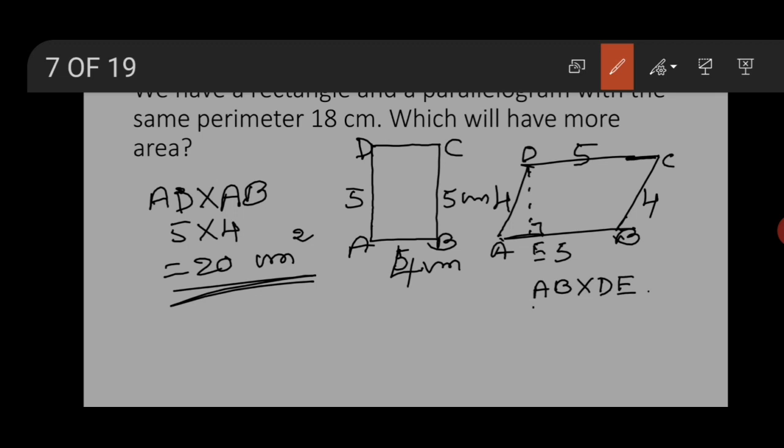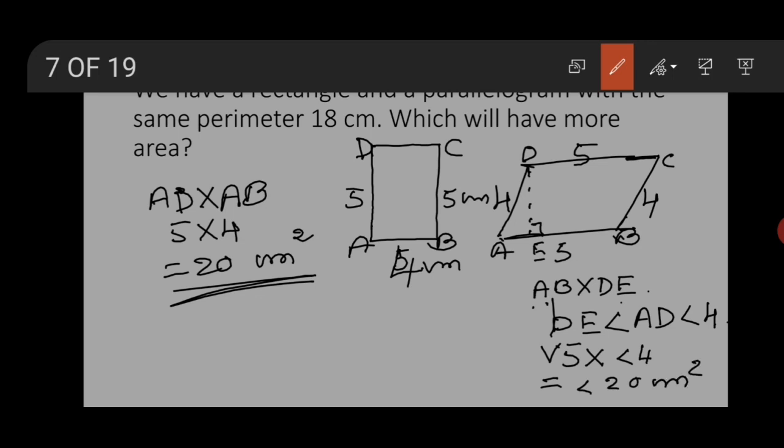Here we can easily say DE is less than AD, so it is less than 4. AB is equal to 5 here. DE is what? Less than 4. So the answer also is less than 20 square centimeter, right? So which will have more area?